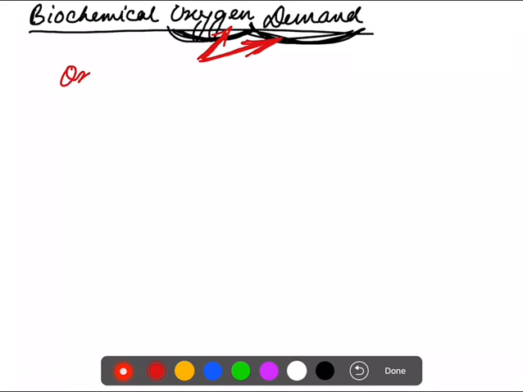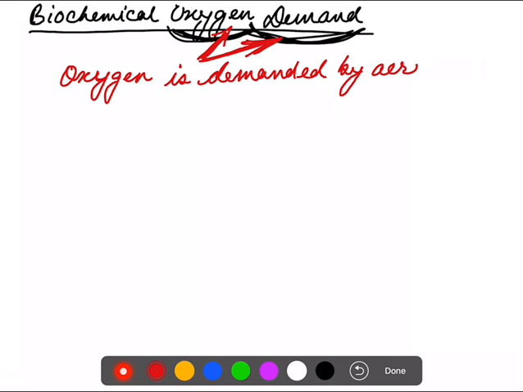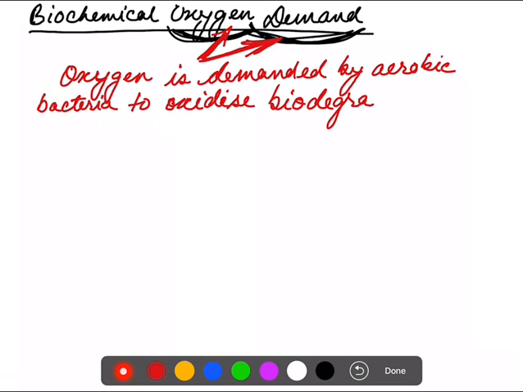Oxygen is demanded by aerobic bacteria to oxidize biodegradable organic waste.